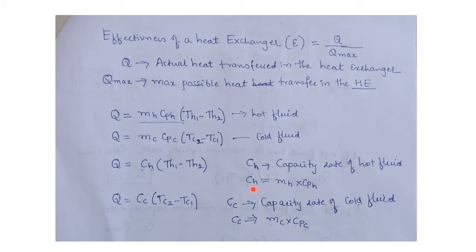Similarly, mc into Cpc is replaced by Cc in the bracket Tc2 minus Tc1, where Cc indicates the capacity rate of the cold fluid. Cc is nothing but the product of the mass flow rate of the cold fluid and the specific heat of the cold fluid.